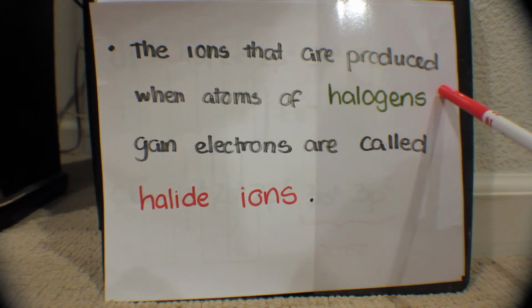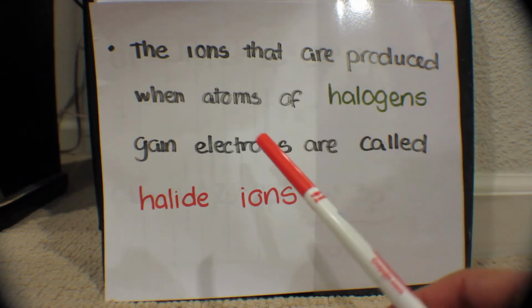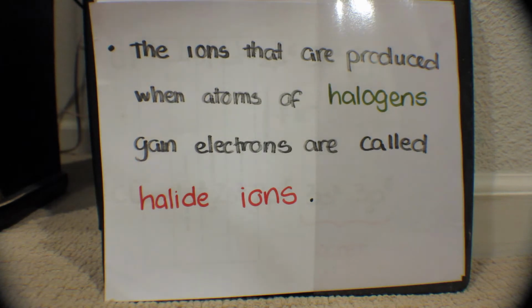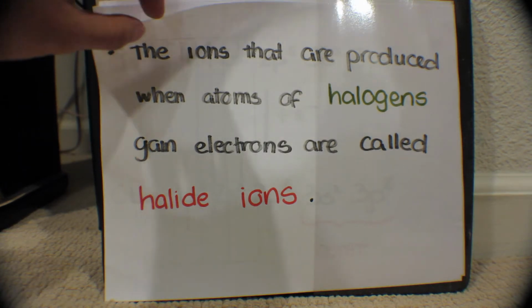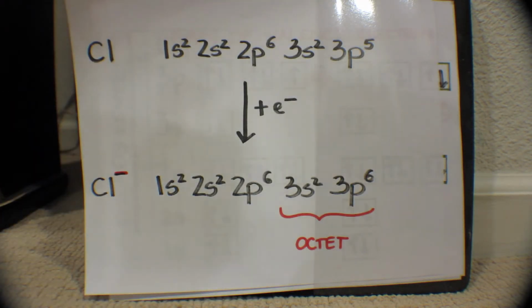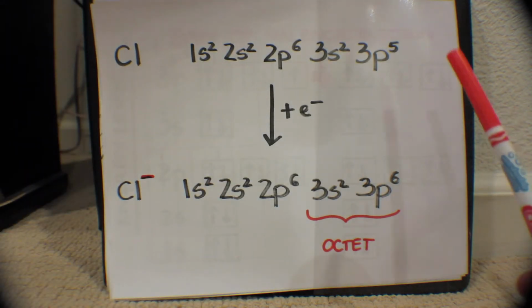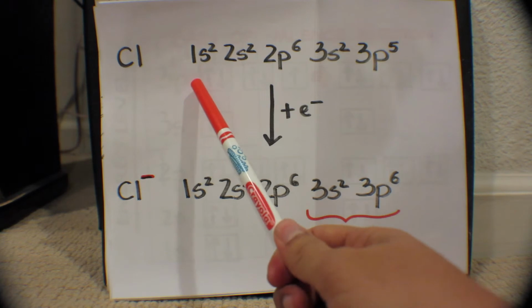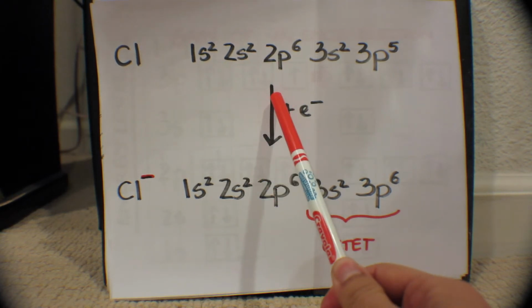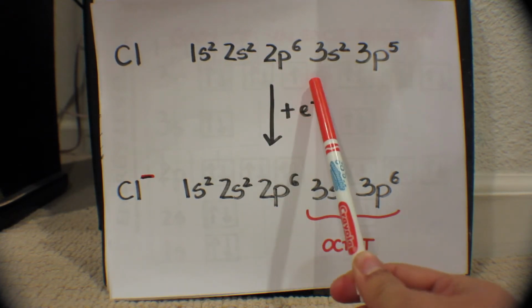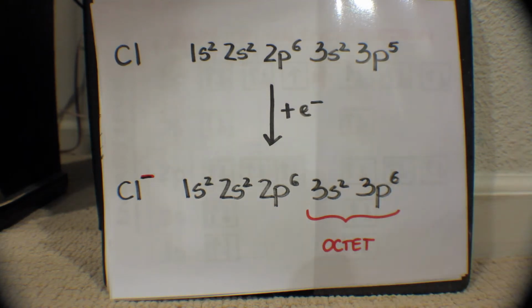The ions that are produced when atoms of halogens gain electrons are called halide ions. Let's do one example of chlorine. Chlorine has the electron configuration of 1s2, 2s2, 2p6, 3s2, and 3p5.